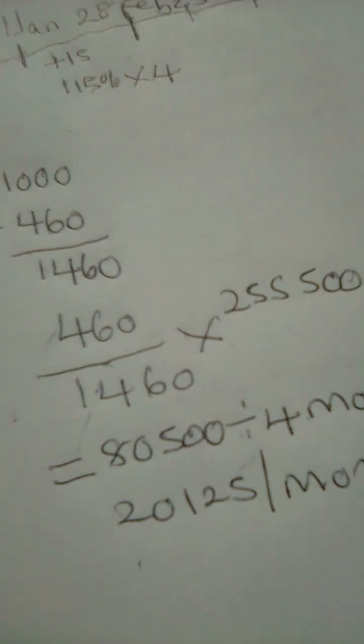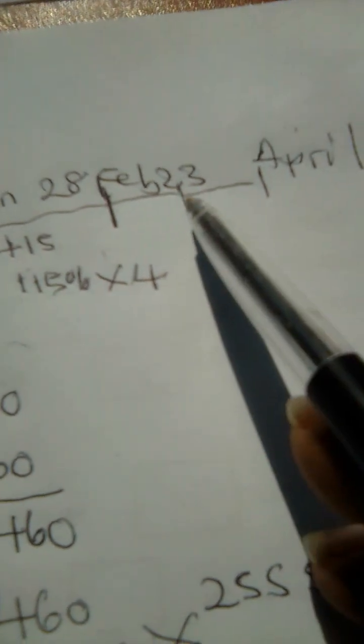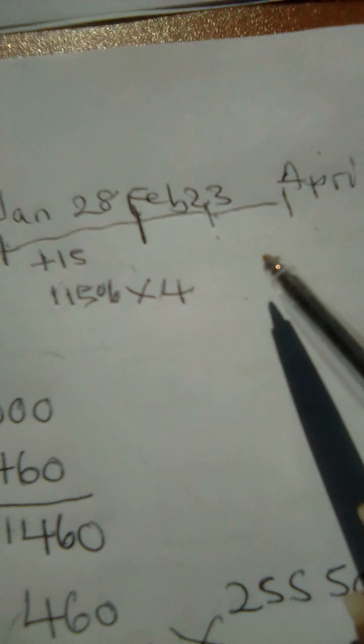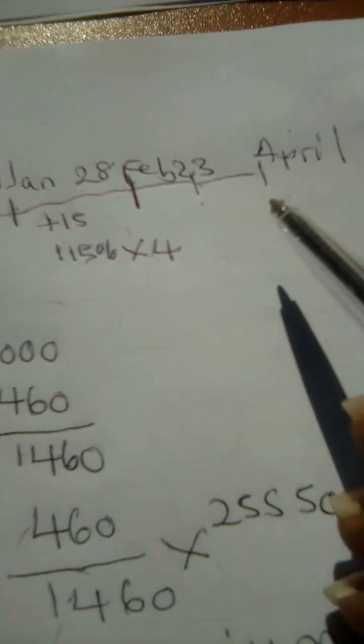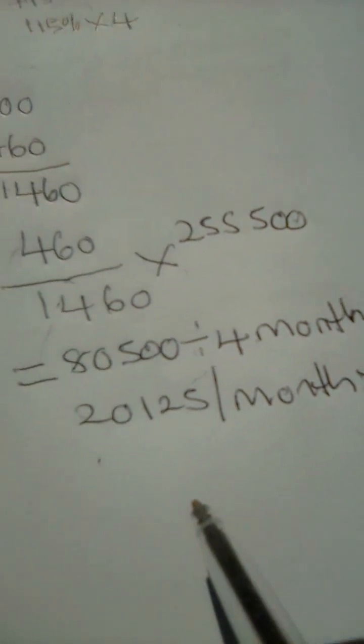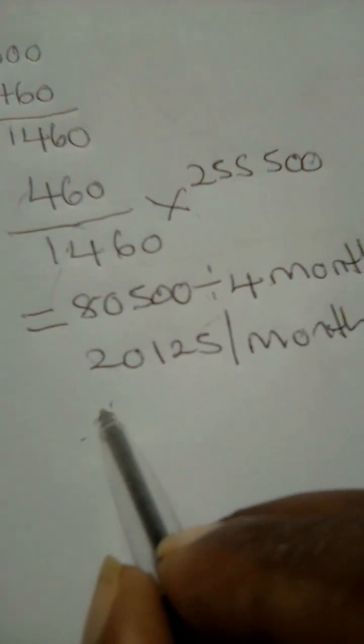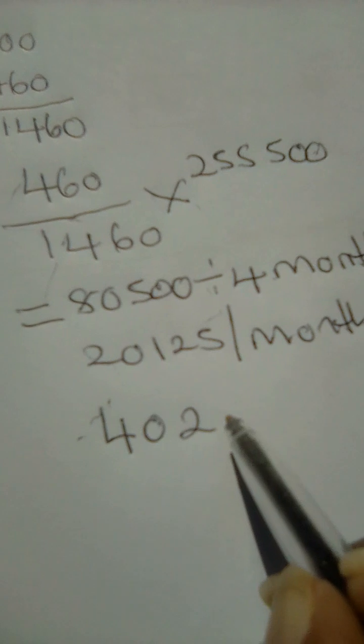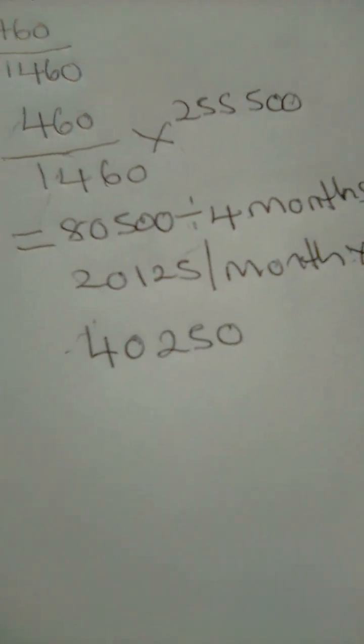When we divide by 4 months, we get 20,125 per month. And how many months do we have in advance? If we look at our timeline, we've got March and April, so we've got 2 months. Remember, they said the rent was paid for 14 months. So we multiply by 2 months, which is going to give us 40,250.